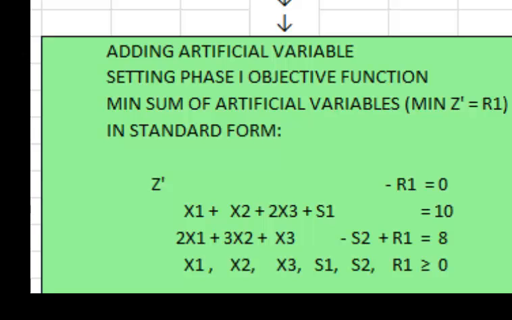If we had 2 of them, it would be R1 plus R2, and so on. The objective function of phase 1 is a minimization. So in this case, we are going to write minimize z prime, just to distinguish it from the original z, minimize z prime equal to R1.